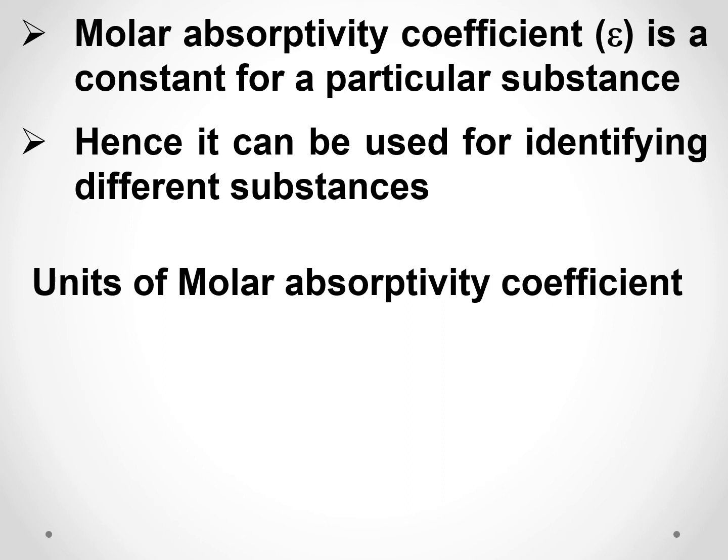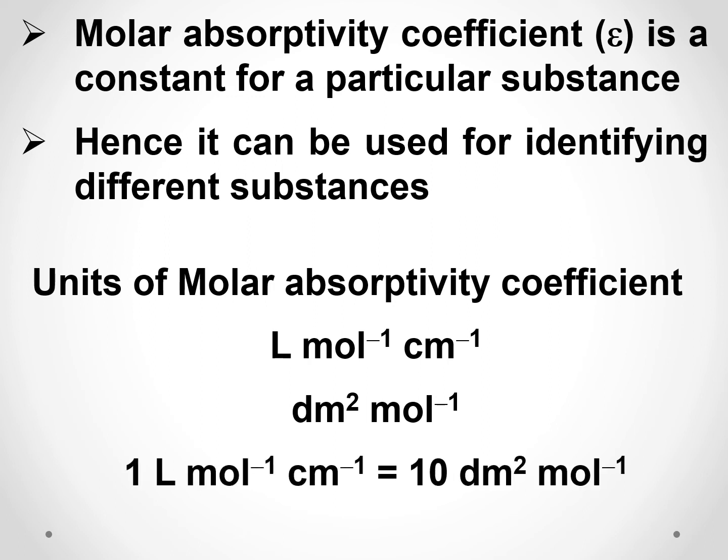Units of molar absorptivity coefficient: it has two units. One is liter mole inverse centimeter inverse. The other is dm square mole inverse, and they are related by this expression: 1 liter mole inverse centimeter inverse is equal to 10 dm square mole inverse.